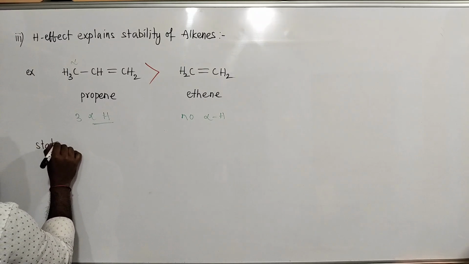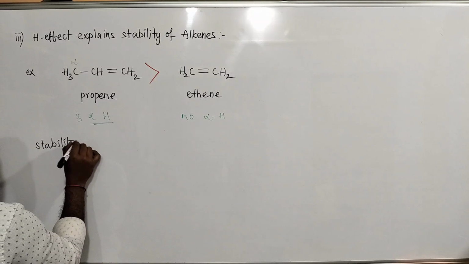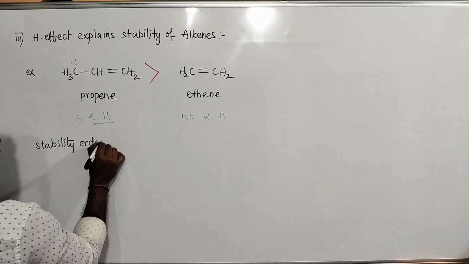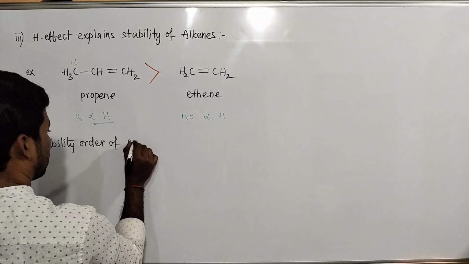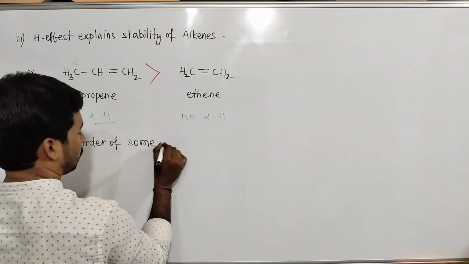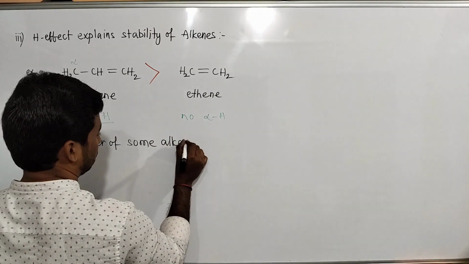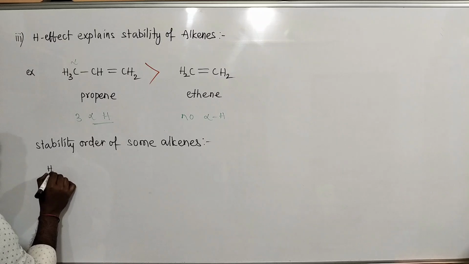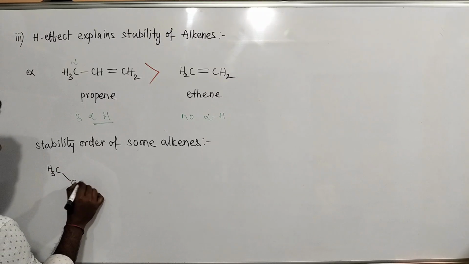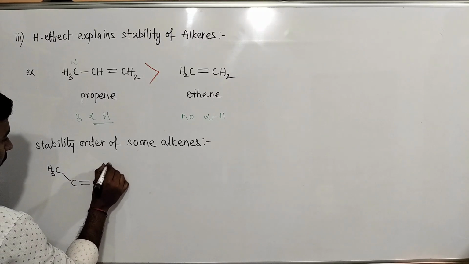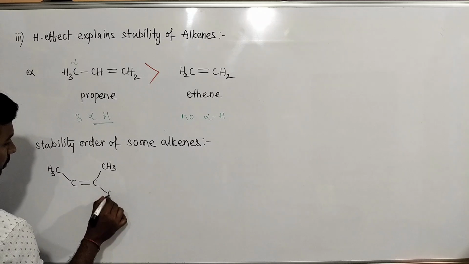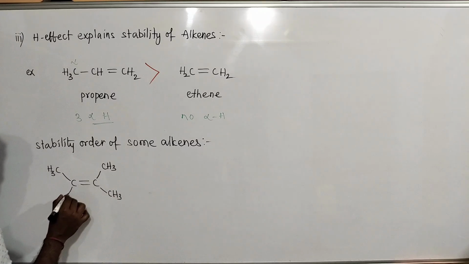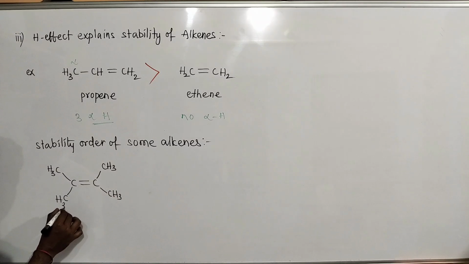Stability order of some alkenes. First, 2,3-dimethylbut-2-ene is more stable.